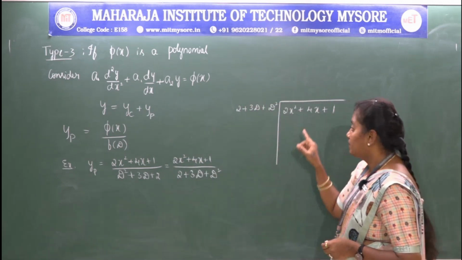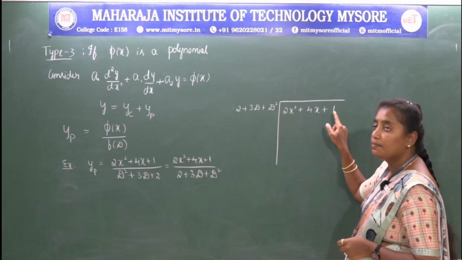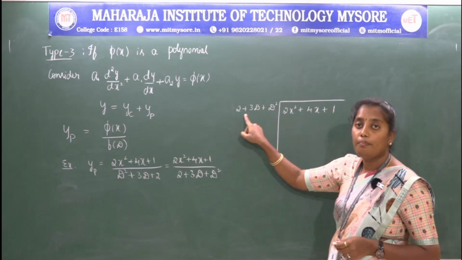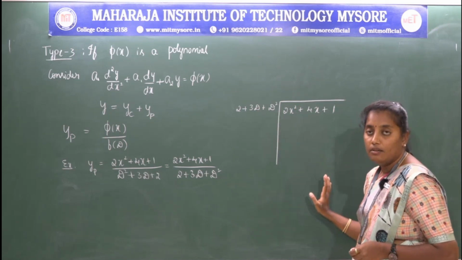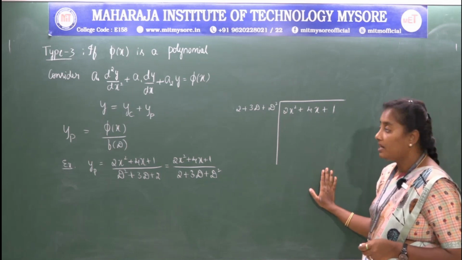Now we have to divide 2x squared plus 4x plus 1 by 2 plus 3d plus d square, till we get a zero remainder.